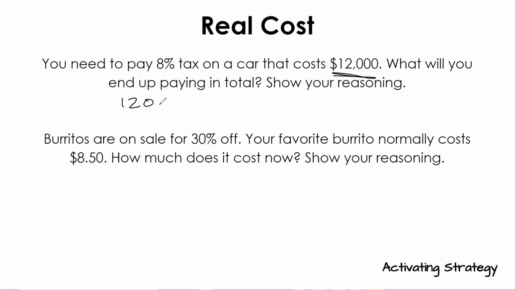We're gonna spend $12,000 plus, how do we find 8% of 12,000? Multiply 0.08 times 12,000, right? So what does that give me? 96. Okay, so when we add 12,000 plus 96, we get 12,096. Ta-da!